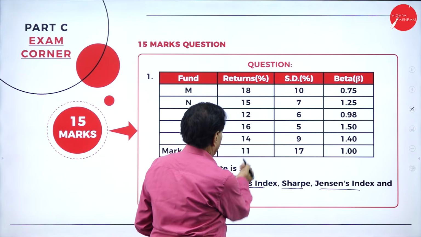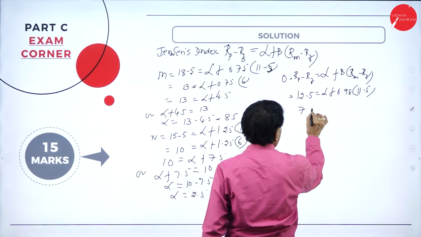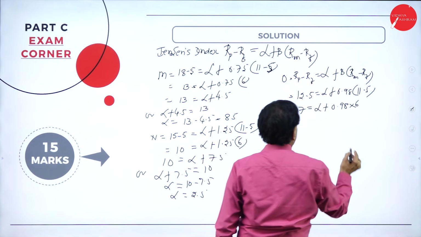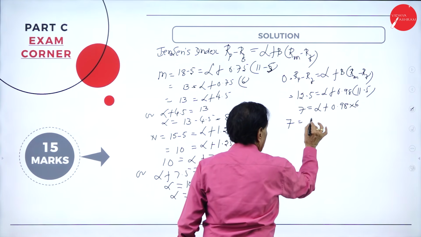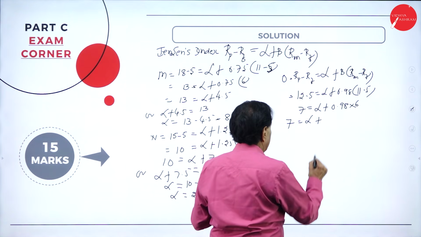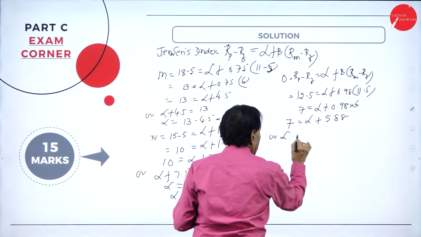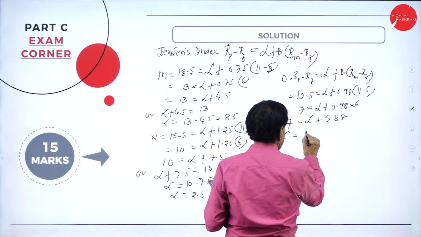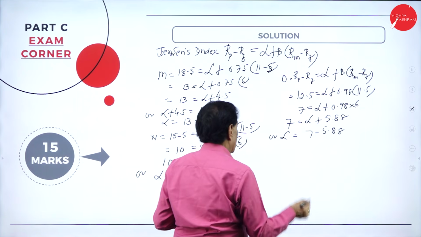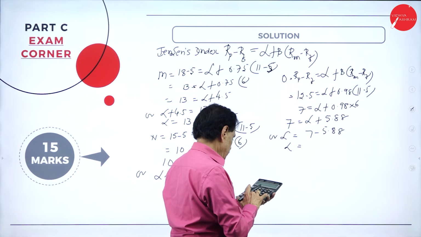Always 11 for the market. So 12 minus 5 is 7 equals alpha plus 0.98 into 6, which is 5.88. Alpha is equal to 7 minus 5.88.